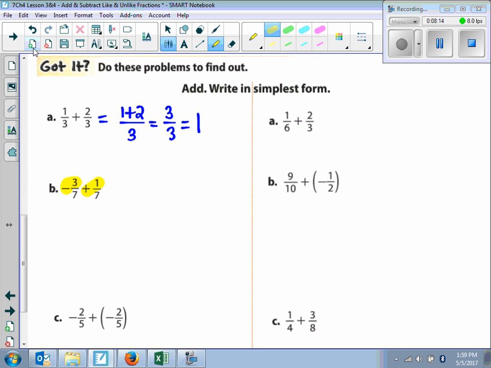Is everybody clear with that? So when we rewrite this, we've got -3 plus 1, and that goes over the same denominator. So -3 plus 1 is just adding integers, right? That's going to be -2 over 7.